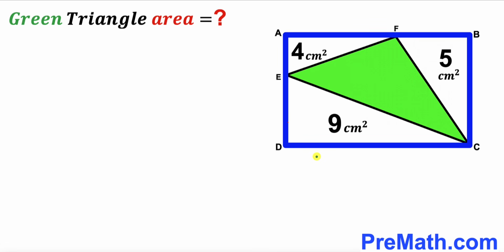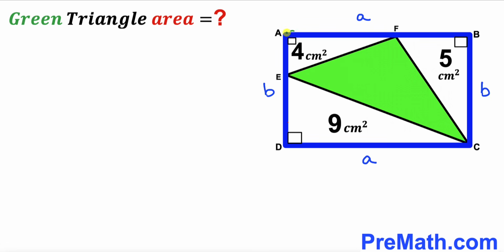Let's focus on this blue rectangle ABCD. I'm going to label its length as lowercase a. Then this other side is going to be lowercase a as well. I'm going to label this width as lowercase b, then this width has got to be lowercase b as well.